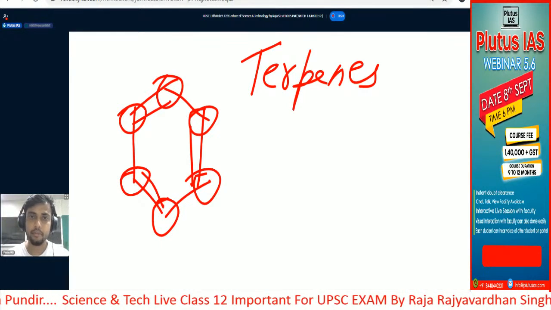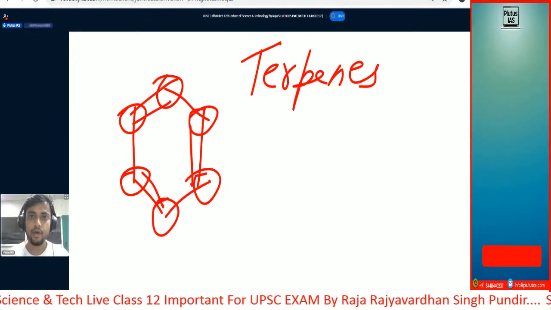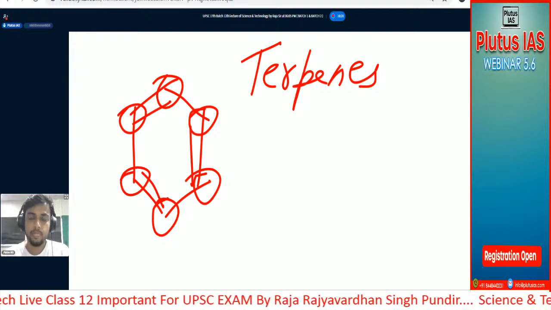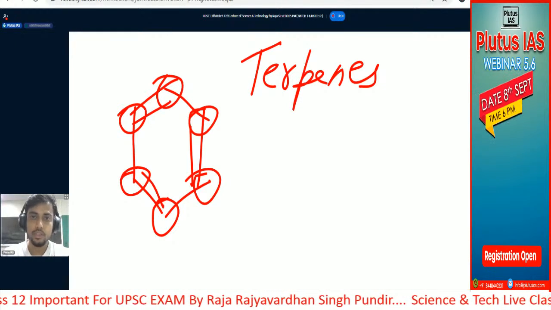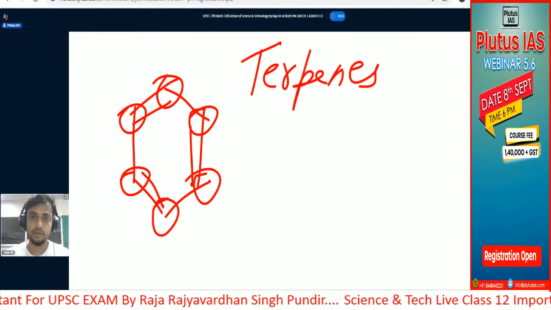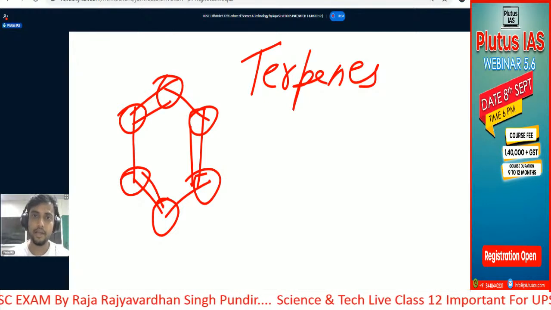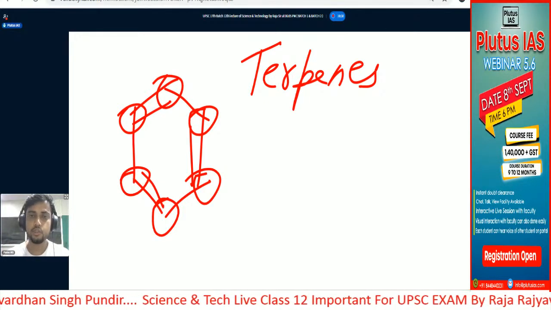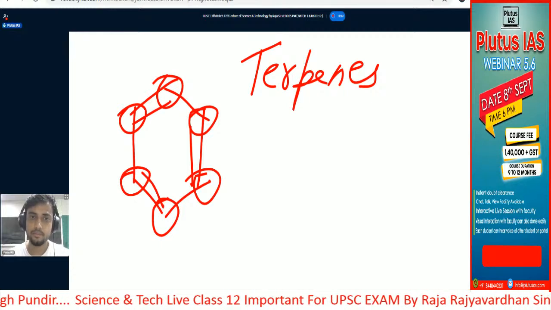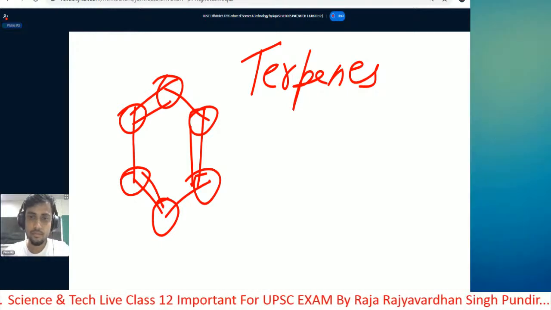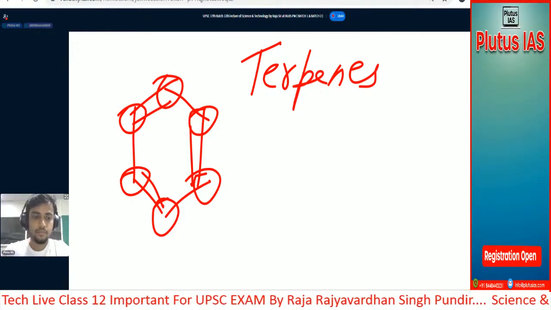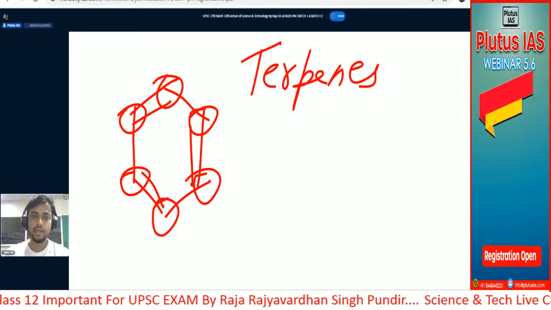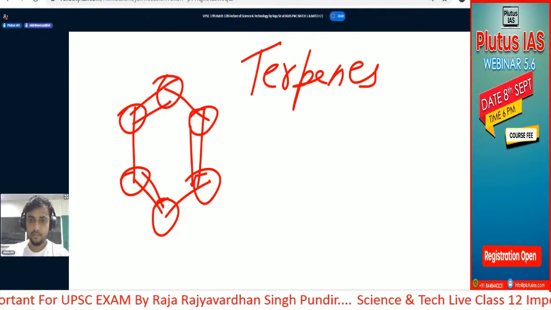So these terpenes, these are basically aromatic compounds. And aromatic compounds, they have a planar structure where the atoms are arranged in a plane, in a two-dimensional plane, and they are joined by covalent bonds. Okay, Nikhil? Okay, sir. Thank you, sir.